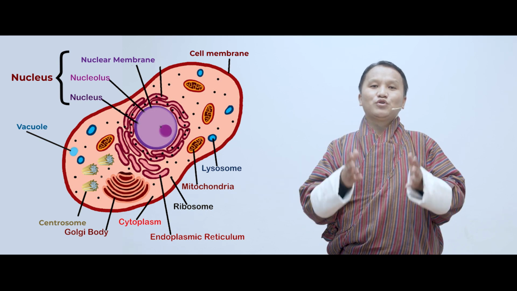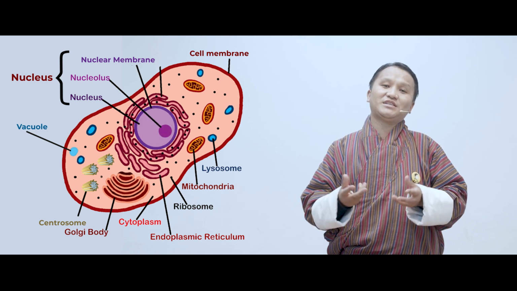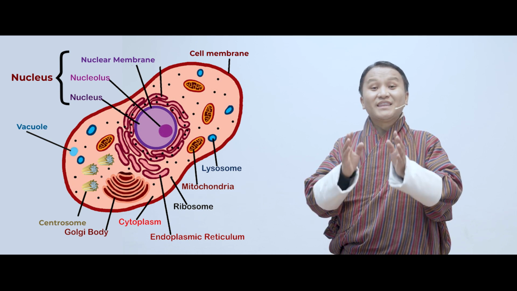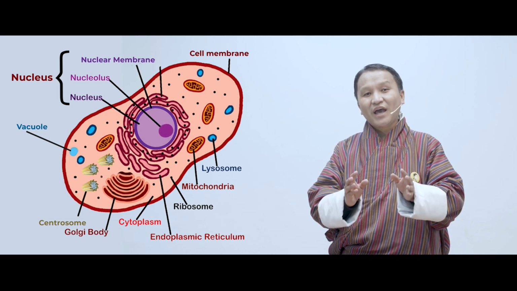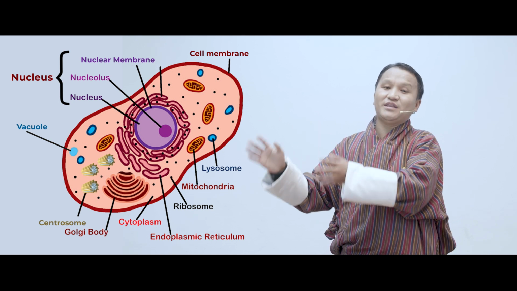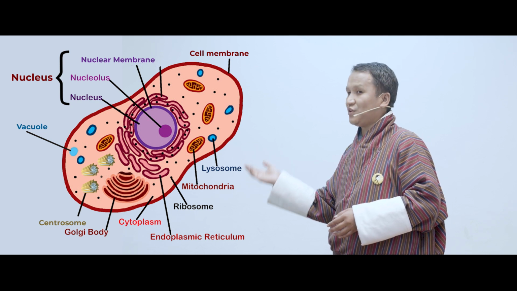Within the nucleus, you find nucleoplasm and another small ball-like structure called nucleolus. Then the animal cell also has another distinguishing feature which is not there in the plant cell, that is centrosome, as you can see here.